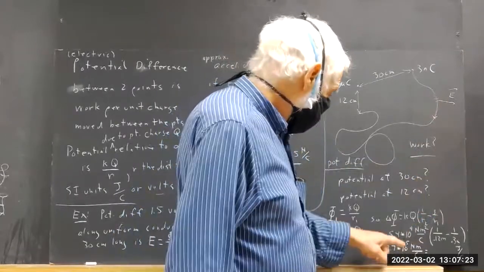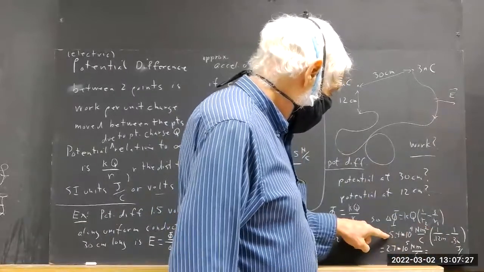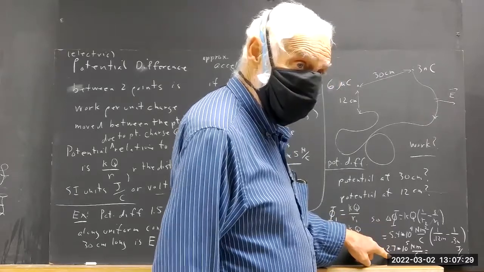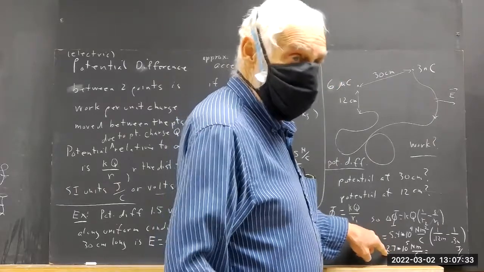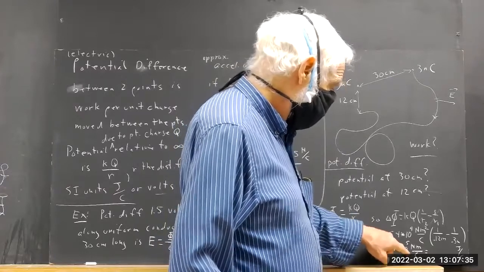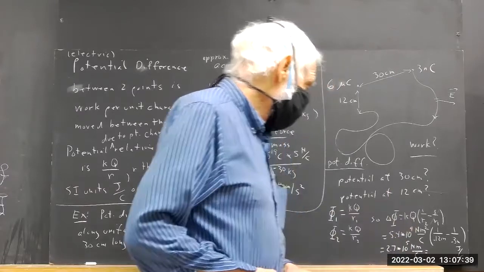So you have 5 times 5.4, which is 27. Make that a 2.7 and goose up the exponent a little bit.